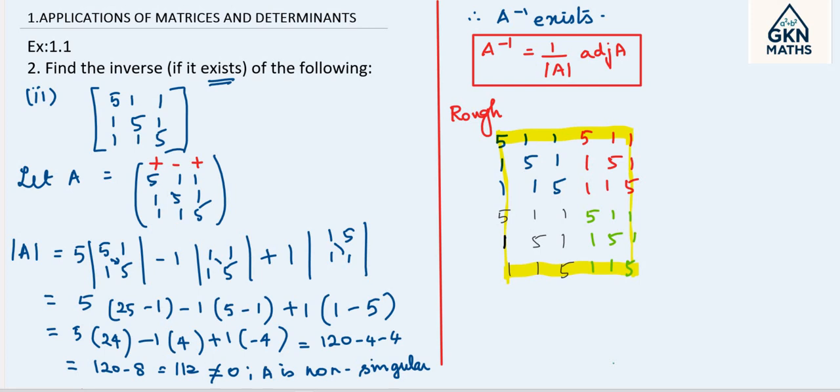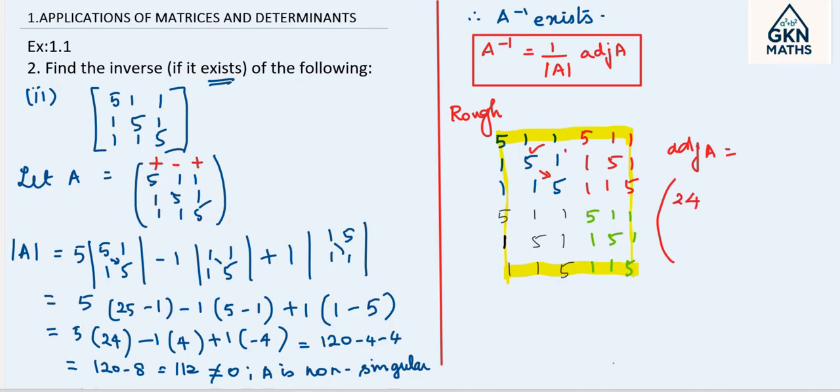Now write the remaining elements. We know that adjoint of A is the transpose of the cofactor matrix. So now 5 into 5, 25 minus 1, 24.